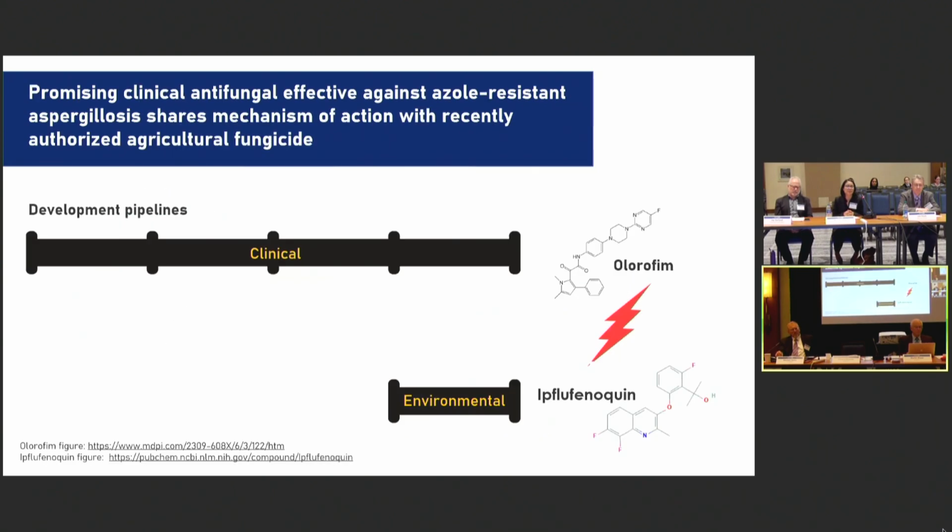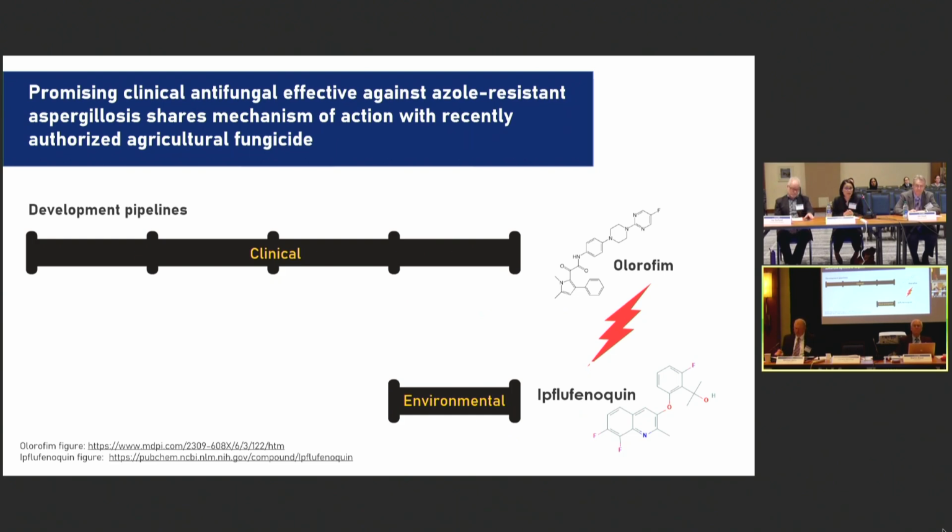Next slide. And more recently, what we're finding as an additional concern is that the promising new clinical antifungal that's been shown to be effective against azole-resistant aspergillosis shares a mechanism of action with a recently authorized agricultural fungicide. So this new clinical antifungal, olorofim, is the first member of a new class of antifungals being used to treat invasive mold infections, and it's been found to be effective against azole-resistant A. fumigatus, which is exciting.